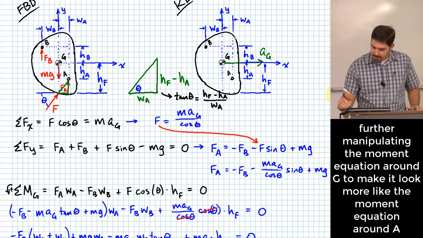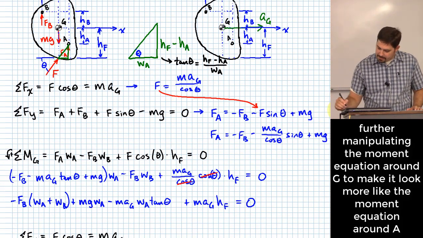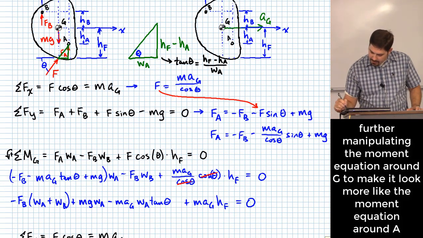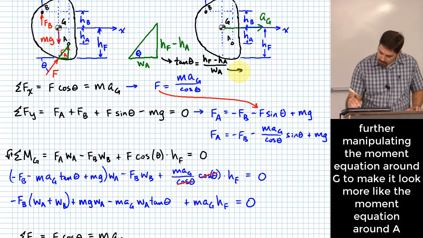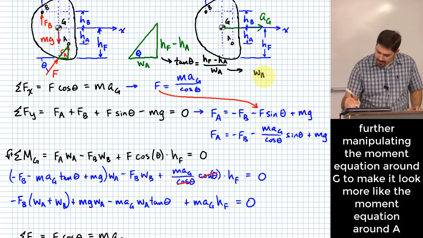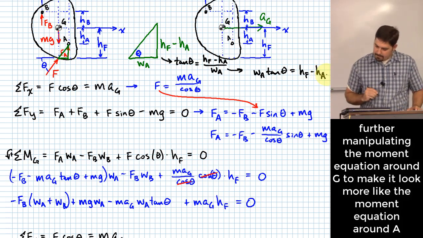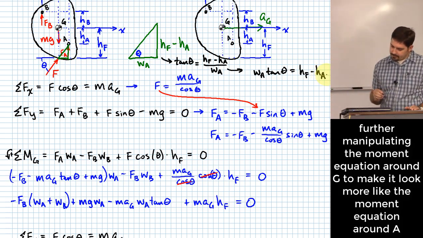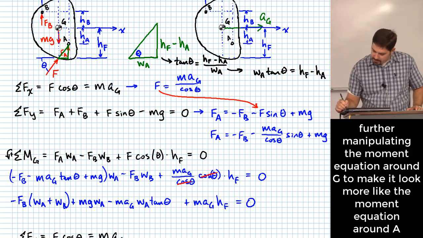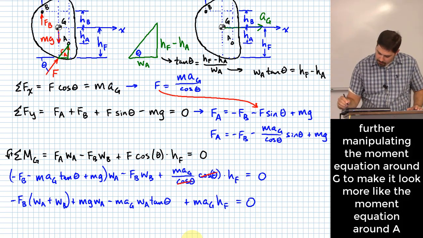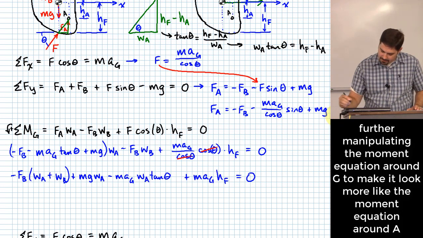Well, that's kind of interesting, and that might actually help us out down here, because I could take this one further and say WA times the tangent of theta is equal to HF minus HA. And that allows me to do a substitution here for WA tangent of theta, right?